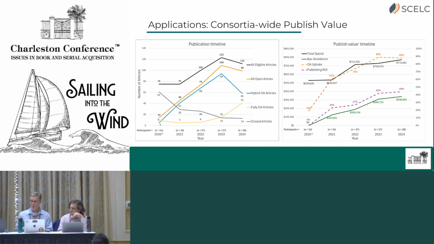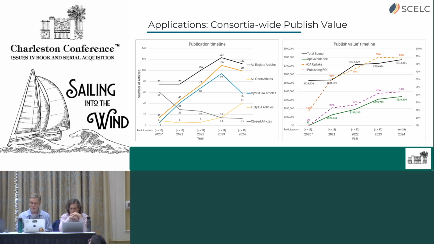In 2024, the number of open articles Skelk authors published in this publisher's hybrid journals, shown here in blue, declined significantly, while the number of articles published in fully open journals, shown in yellow, more than doubled, presumably reflecting the many journals that this publisher converted from hybrid to fully open access during that time.